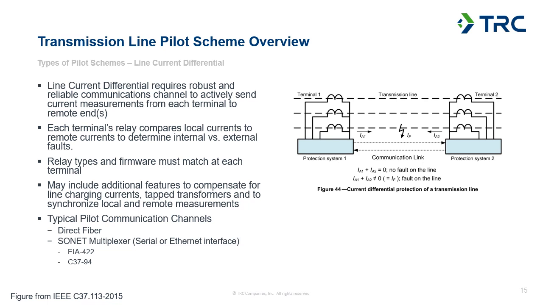And there's some logic that can be applied within many of these types of relays to compensate for that effect. If you know what the capacitance or susceptance of the line is, you can set the relays to kind of cancel that out of the active measurements going into that differential calculation.